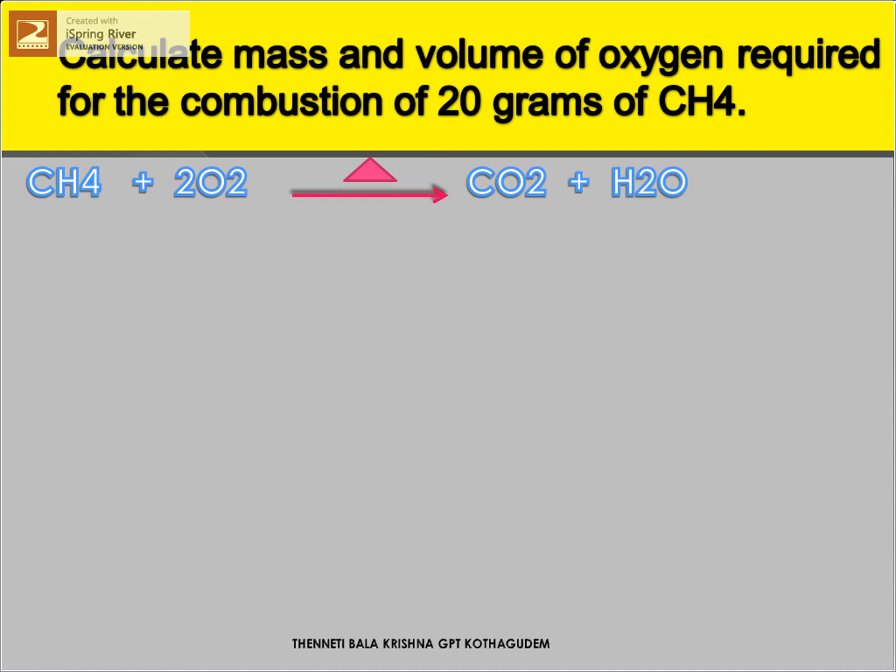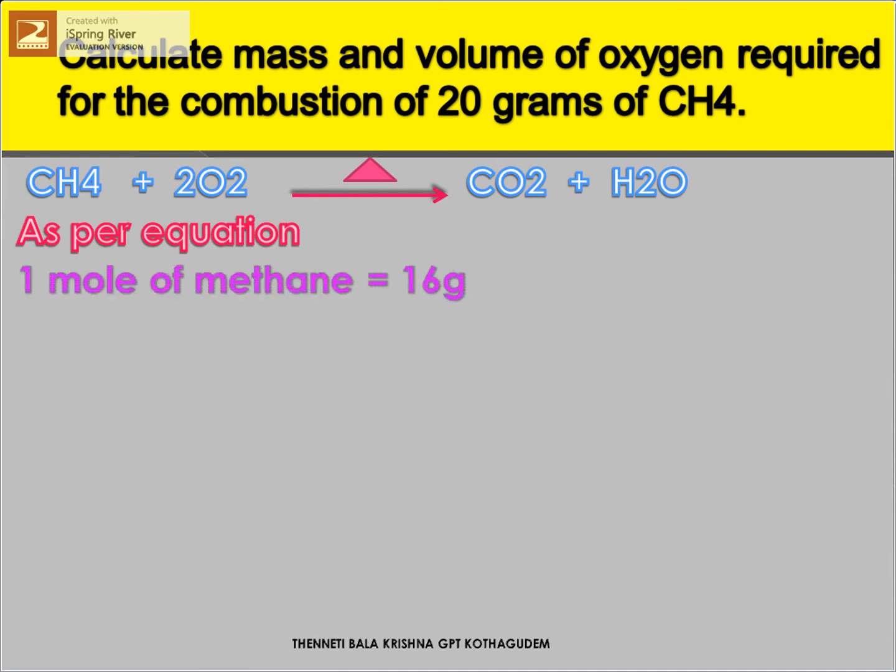From the second line, 16 grams of methane requires 2 into 32, 64 grams of oxygen. As per the equation, 1 mole of methane is 16 grams, and 2 moles of oxygen is 32 into 2, 64 grams. The weight of oxygen is 32, and here there are 2 moles, so 2 into 32 is 64.